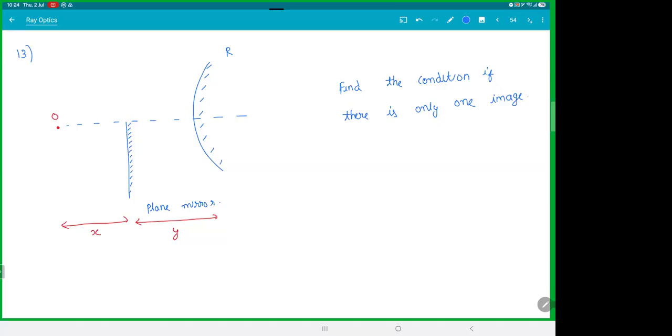You have to get a relation between x, y and r. The reason why you're getting only one image is that it is only possible if both the images are overlapping, isn't it? R is (x square minus y square) by 2x.